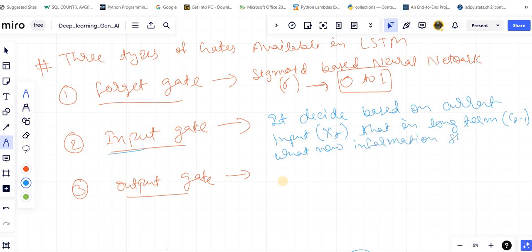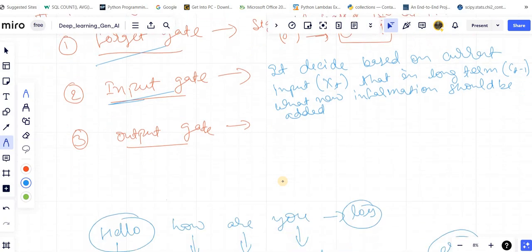So what was the task of the forget gate? To remove something if it is not important. And what is the task of the input gate? To add something, right? So that you understand.